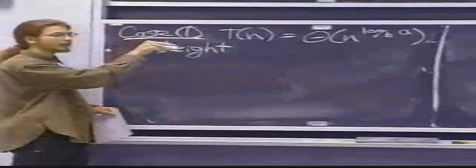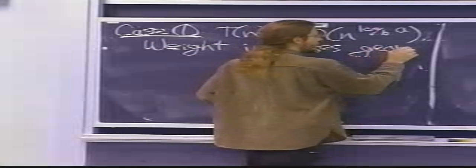If you look at the weight of each level, the weight is just the sum of all the nodes at each level. Then the weight increases geometrically as you go down in levels from the root level to the leaves. If it's a geometric series, all that matters is the big term, which here is increasing towards the leaves. So the leaves are what matter. That's why it's n to the log base b of a.